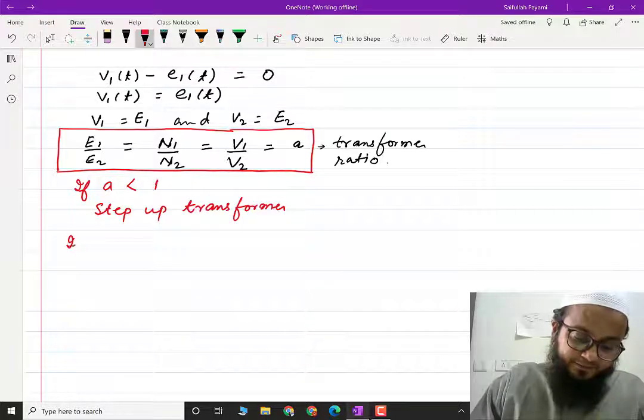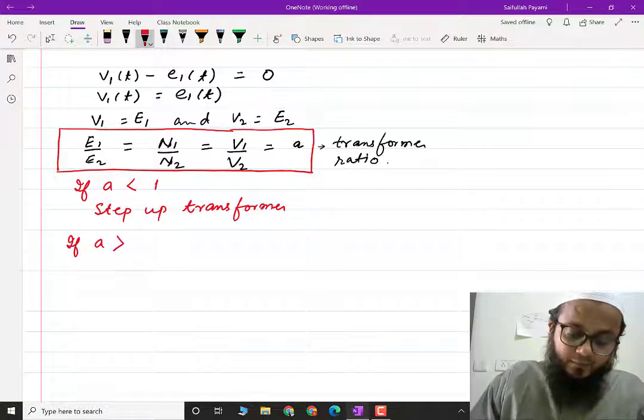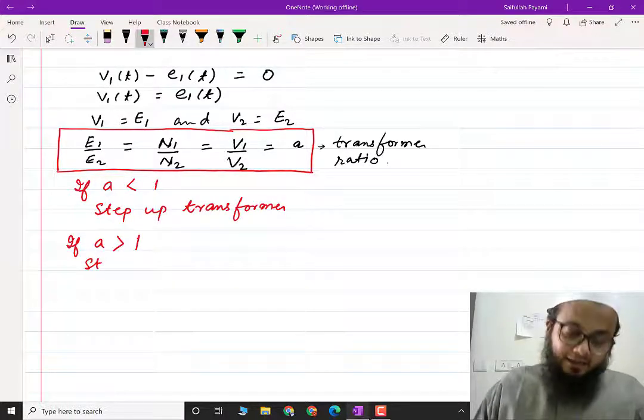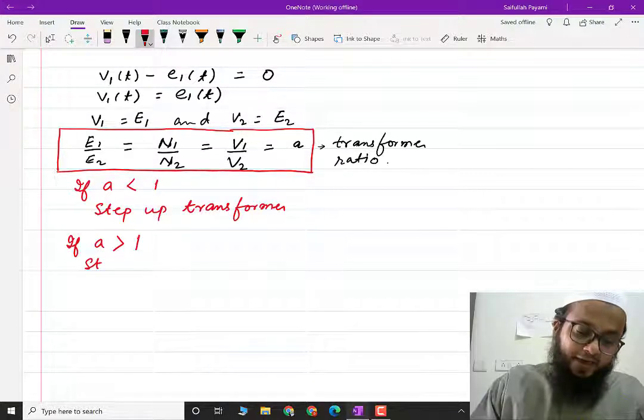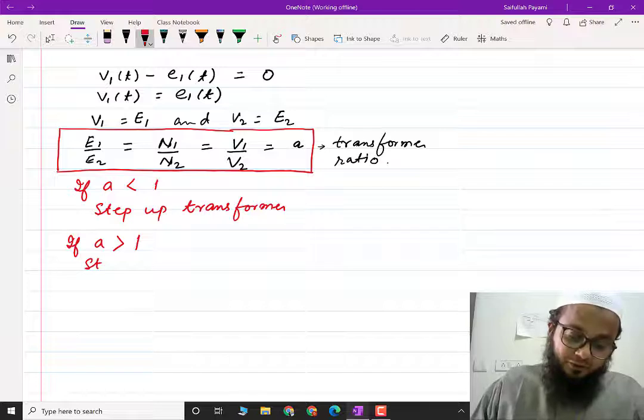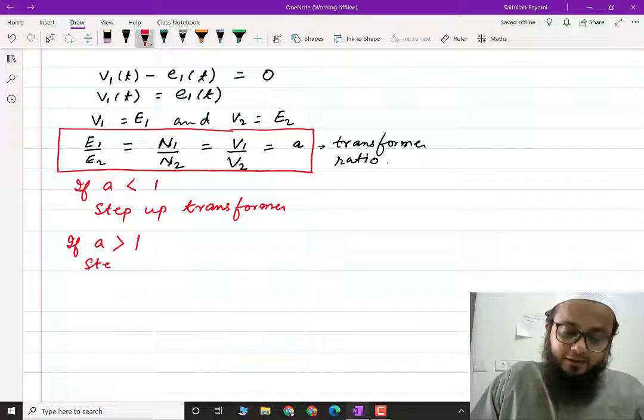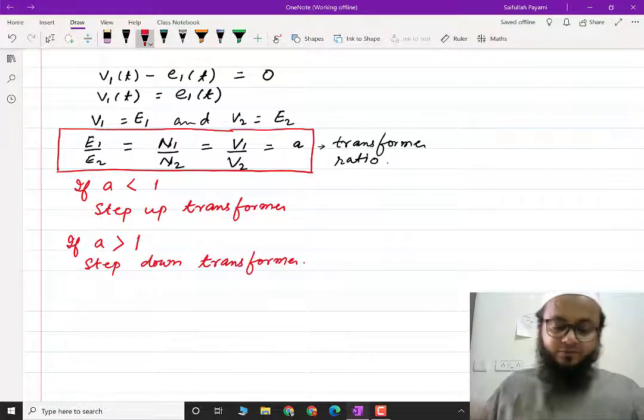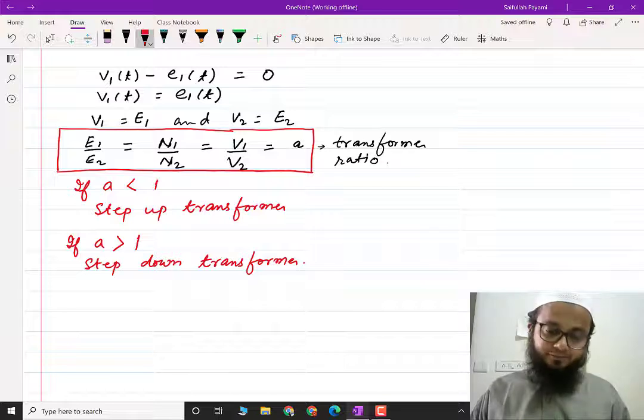And if a is greater than 1, then it's a step down transformer. a greater than 1 means N1 is higher, so E1 or V1 is higher as compared to V2. So it is a step down transformer.